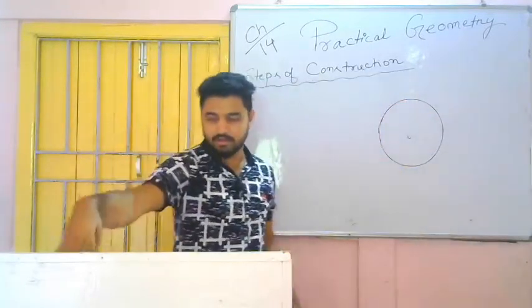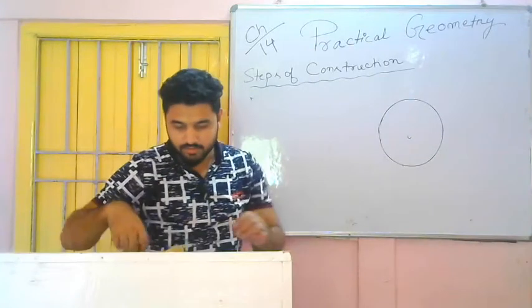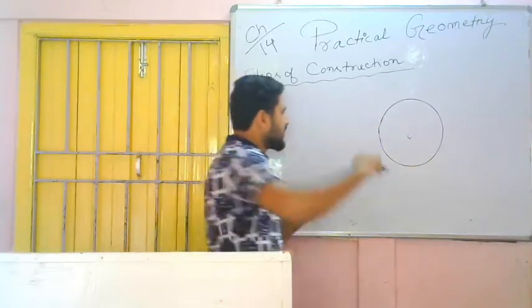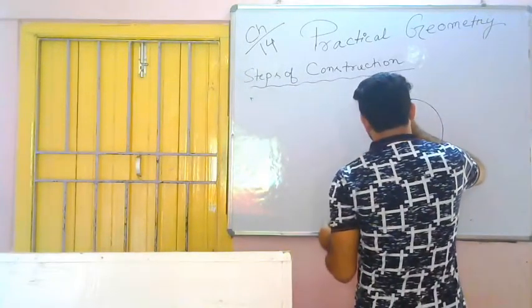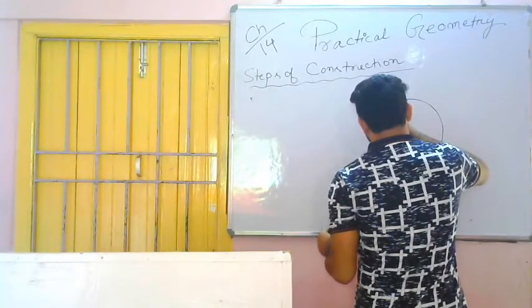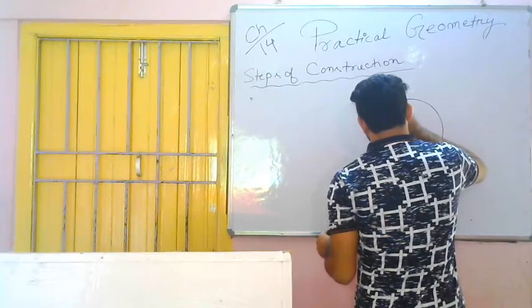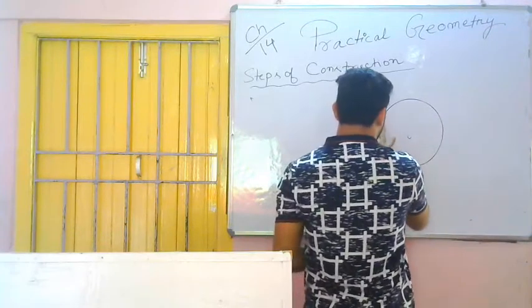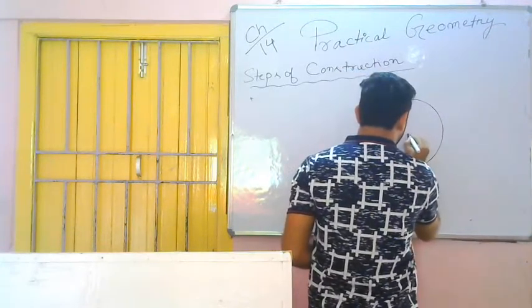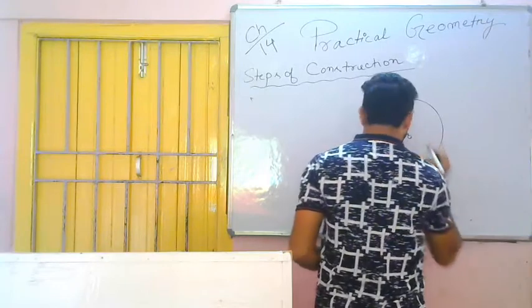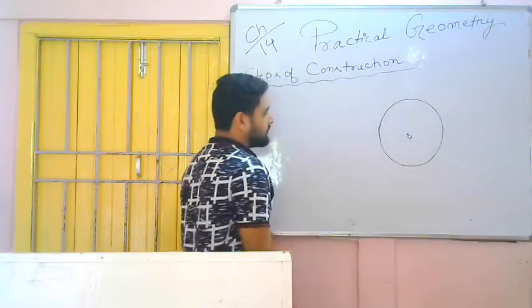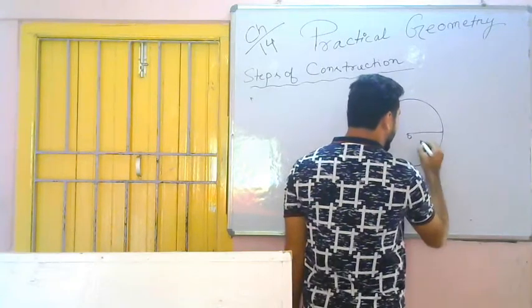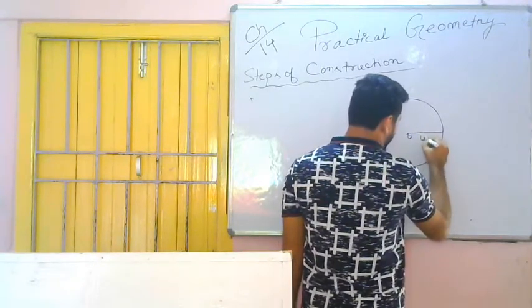Okay, I have drawn taking center O. That means the distance from the center to the circumference of the circle is 4 centimeter.